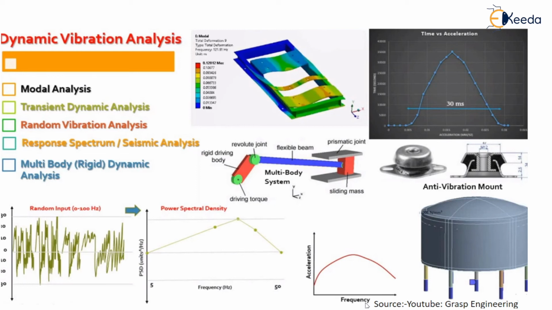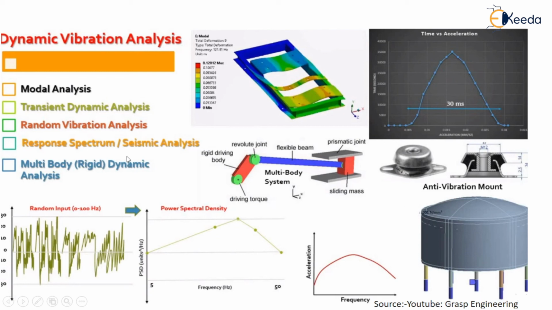Due to earthquakes, many structures and tanks will collapse, and that causes other failures and also human loss. For that purpose we have to check the response spectrum analysis, and accordingly the acceleration versus frequency graph will be mounted. So this is related to seismic analysis.